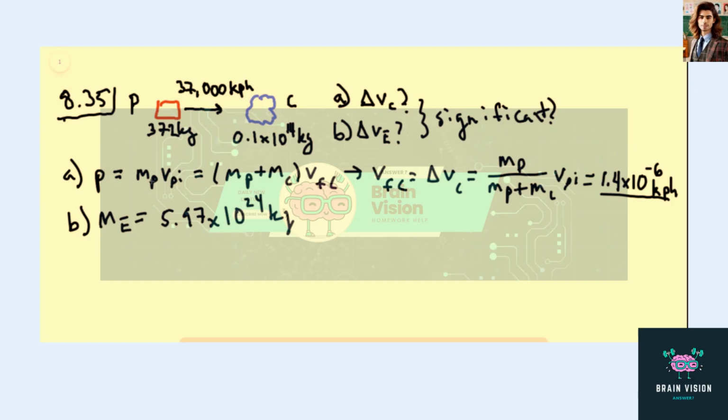So nothing about the actual physical situation has changed. So we know that the change in speed of the Earth, basically we just put in the E wherever C was here, and then C wherever P was here.